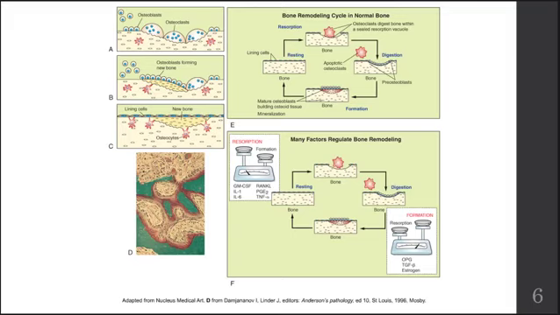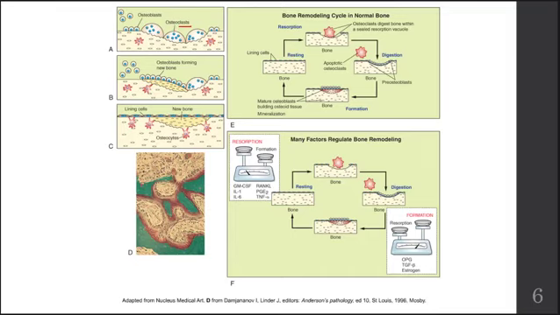Now, the cells that are involved, I mentioned, are osteoclasts and osteoblasts, the main ones. So if we look at the top here, image A, it's the osteoclasts that really mediate or participate in the first phase of remodeling, where they're going to scoop out old or damaged bone and resorb it. So that's the osteoclasts.